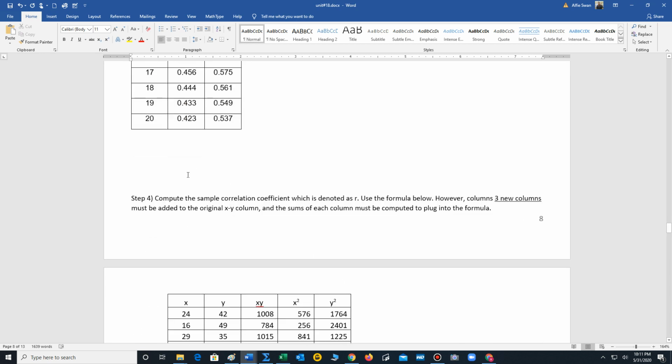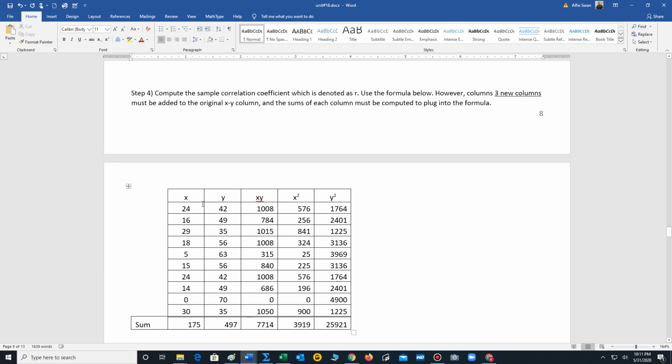Now we have to compute R. I'm just going to strongly recommend that you use your calculator to compute R. However, I will walk through an example to demonstrate how we would use the formula for the computation of R. What we typically do is add some columns to our XY column.